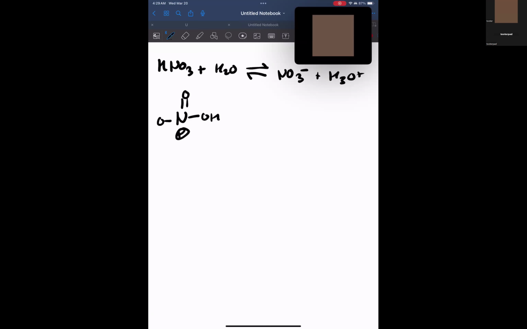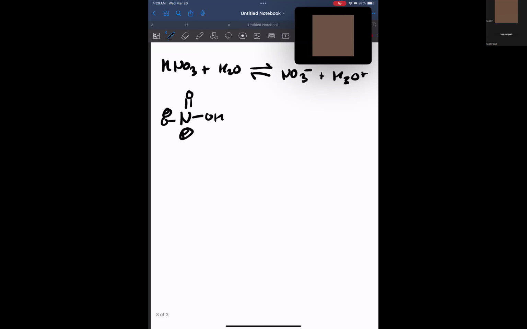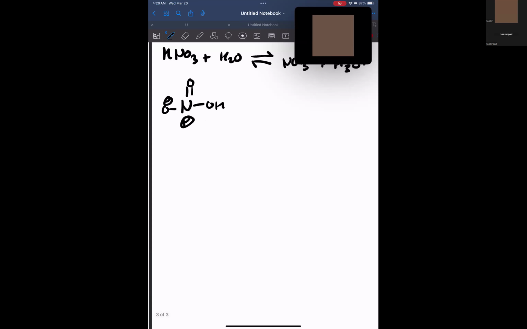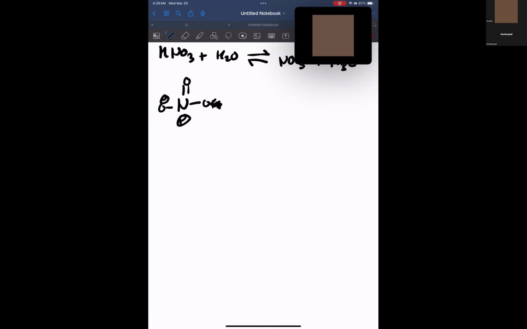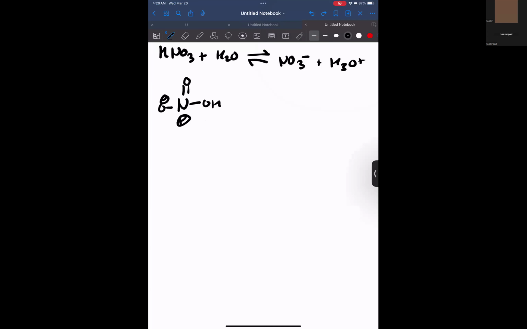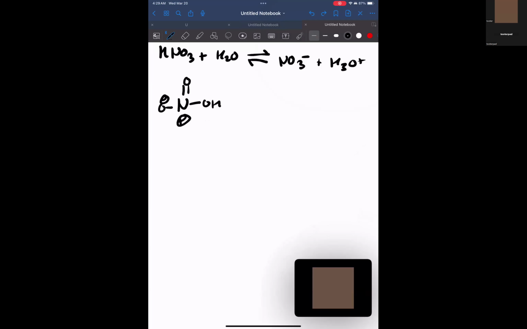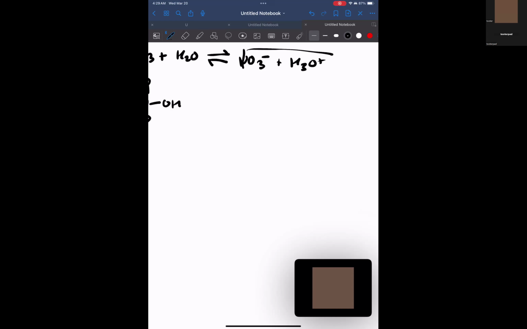So there's gonna be a positive and a negative right here. If this oxygen loses this hydrogen, it would then be able to resonate and bring this up. So in this case, this is the acid and water will be the base, right? I believe that this would be the one that is more favored.